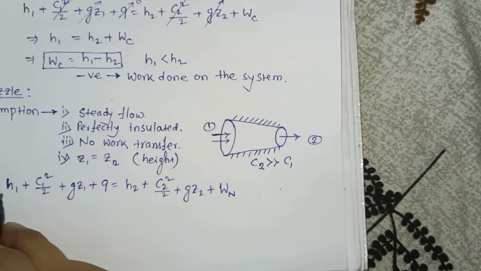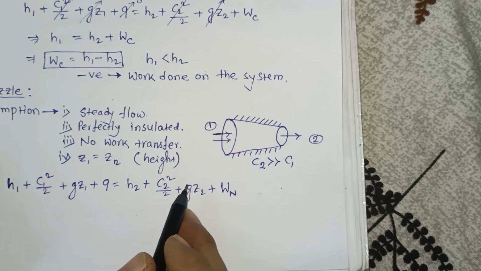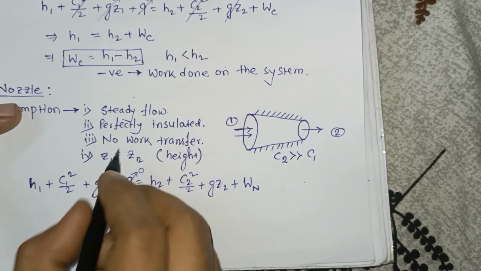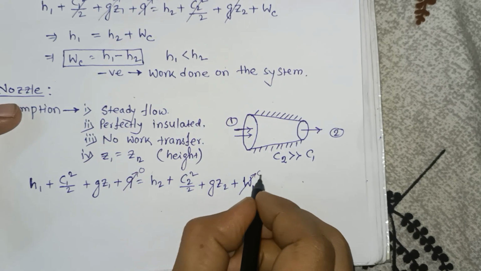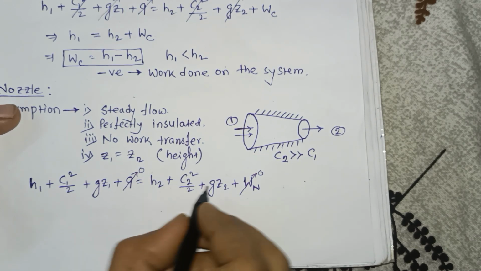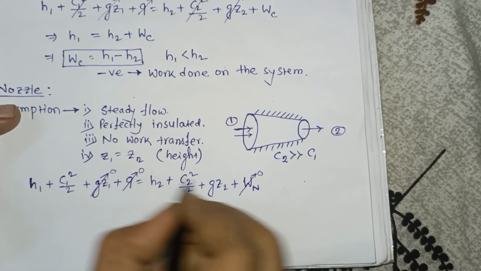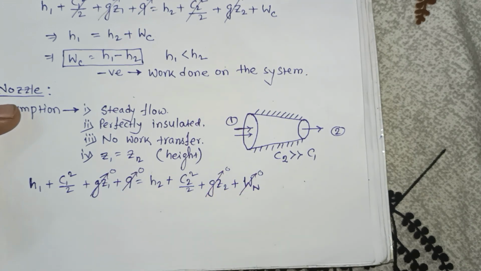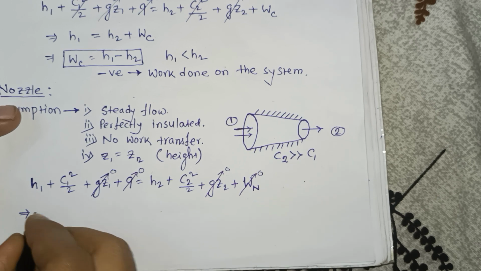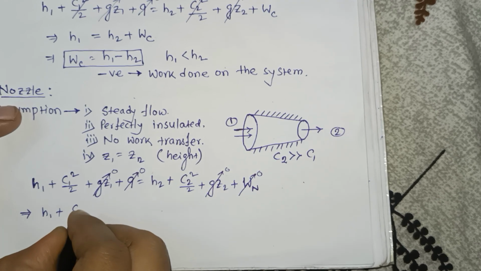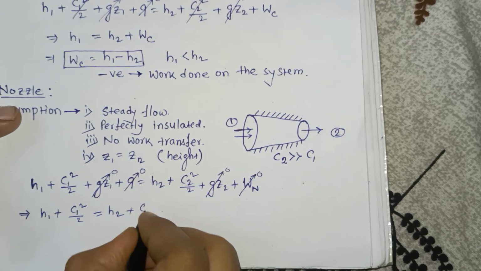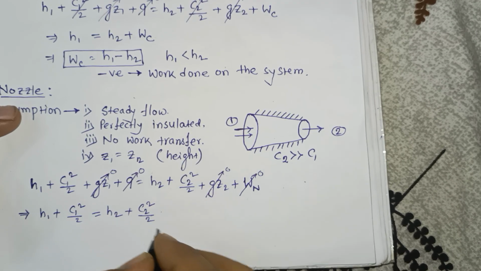Now perfectly insulated means Q will be 0. No work transfer means W equals 0, and Z1 equals Z2, so g Z1 and g Z2 cancel out. So the formula will be H1 plus C1 square by 2 equals H2 plus C2 square by 2.